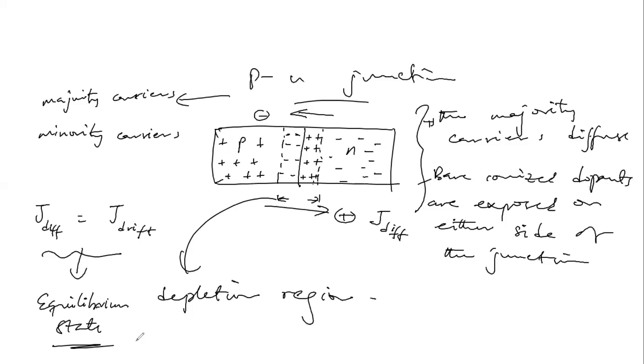This depletion region has a positive charge and a negative charge, and this will result in an electric field in this region. So one thing you should know is that the driving force for the carrier motion is what we refer to as the potential, or the electrochemical potential difference, and this exists between the two semiconductor materials, the p-type and the n-type.